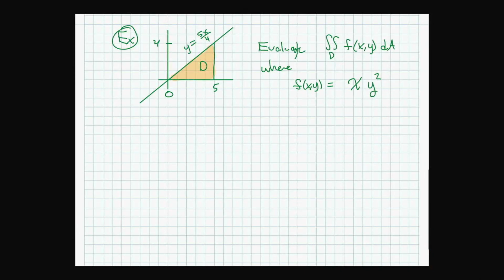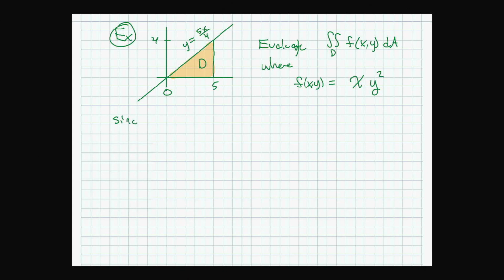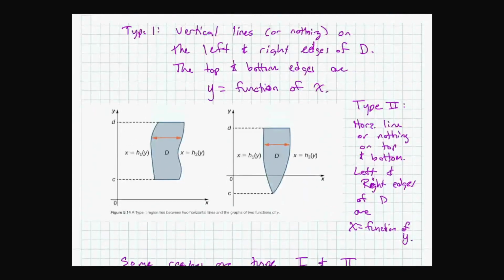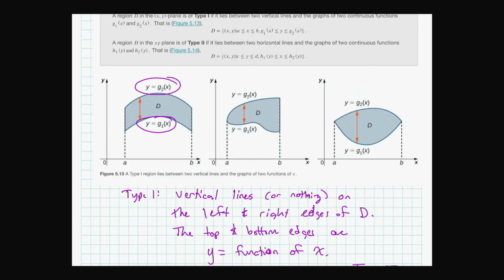Okay, so how would we do this? The first thing would be to recognize the type that it is. Since I see functions on the top and bottom, mostly the top, that's type 1, right? Because remember your pictures here. Type 2 had your curves on the left and right sides, and type 1 had your curves on the top and the bottom.